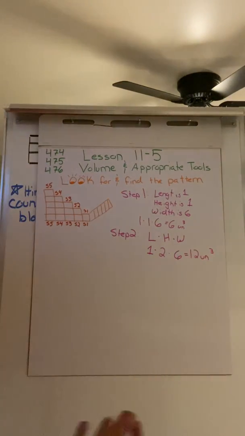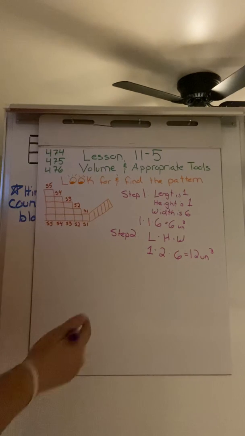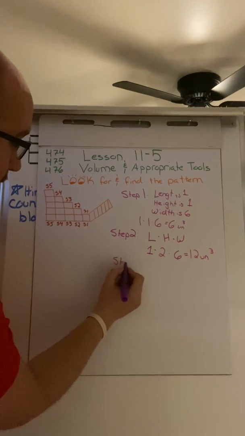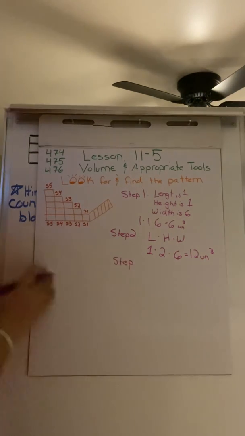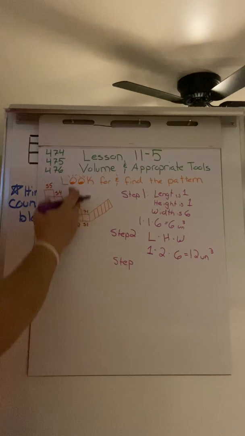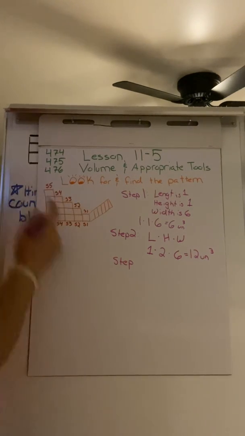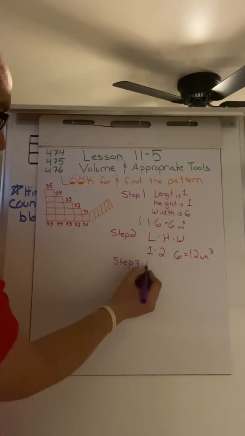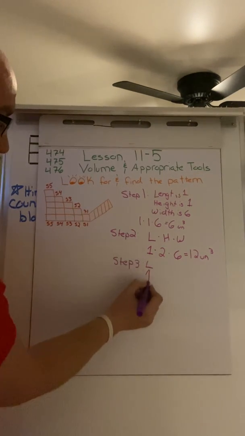And I'm going to continue this pattern for all 5 steps. So step 3, they didn't show you step 3 on your page 475. We just knew that we had to build up to 5 steps. So step 3, following this similar pattern, my length going across is 1.